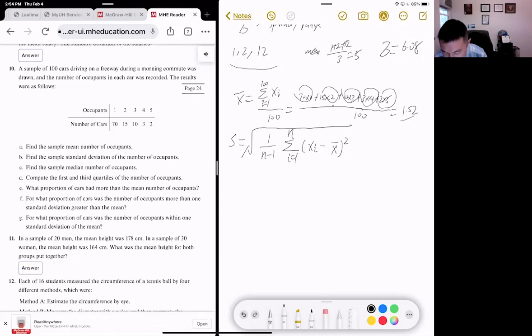We call that S. And we have the population standard deviation. The equation will be similar, but there's no minus 1 here. n is the sample size, and this is the sample mean.